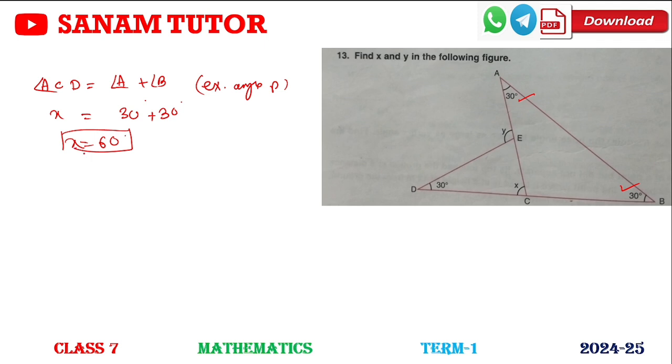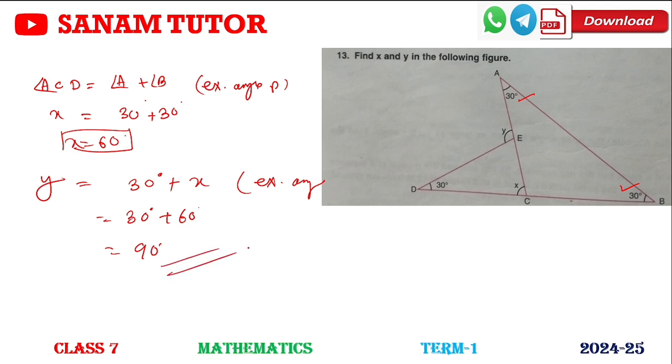Okay. So now find the value of y. So similarly you can write y is equal to 30 degrees plus x, that is 30 degrees plus 60 degrees, 90 degrees, same exterior angle property. Okay. Now complete. So x equals 60 and y equals 90 degrees.